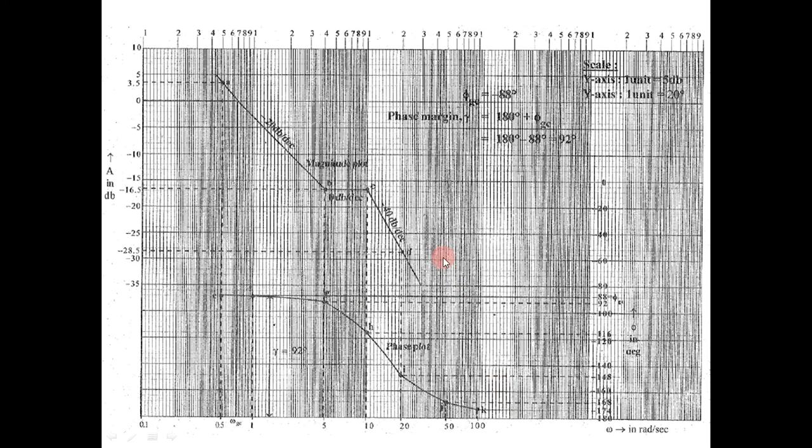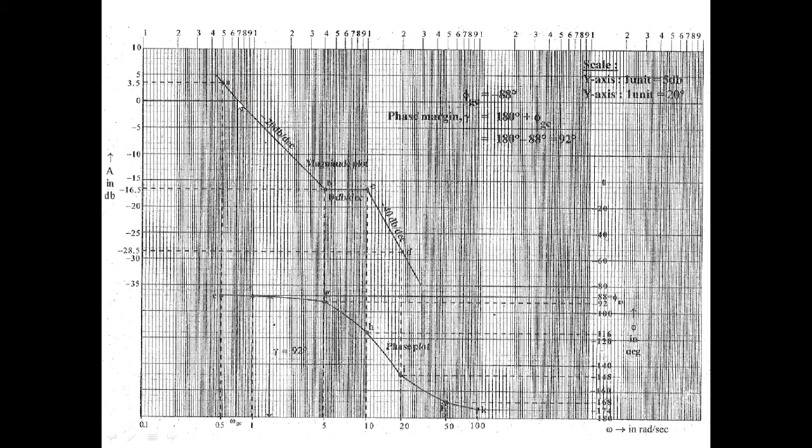Now what you have to do is draw one line at 0 dB. See here, draw one line. This is the point where omega is equal to omega gc, that is nothing but the gain crossover frequency. Now extend one line from the gain crossover frequency.